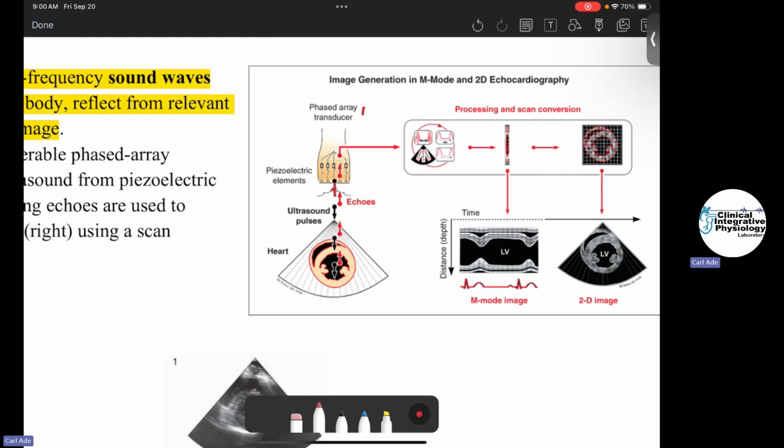The sound waves work their way through the tissue, and as you might expect, myocardium versus the blood have different tissue properties, which results in sound waves or echoes being transmitted back. Based off of that information, it can regenerate an image of what we expect to see. And this is that 2D image that we would see on our screen and that we would evaluate.